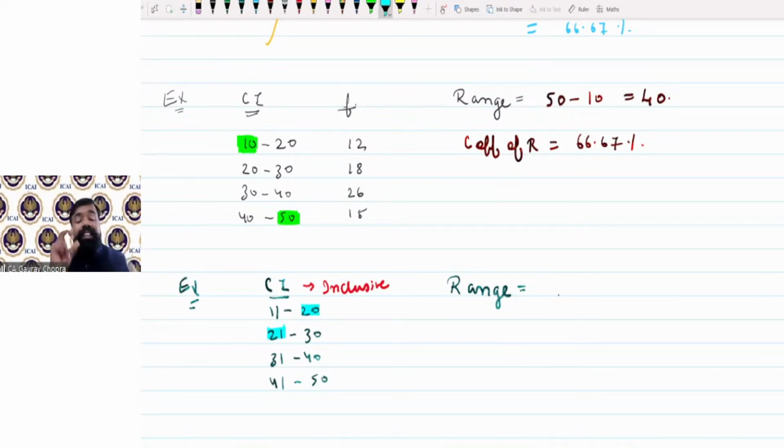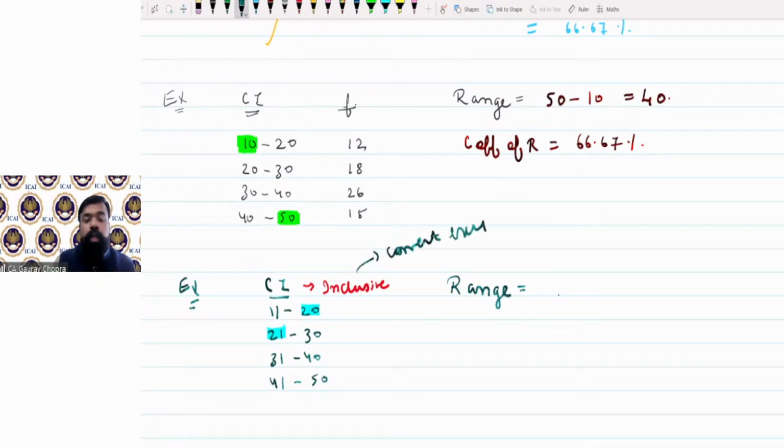So there is a gap lying between 20 and 21, 30 and 31, 40 and 41. If any number is between these limits, then it will not enter any class. So we have to convert inclusive into exclusive.